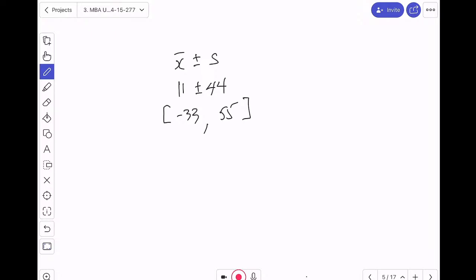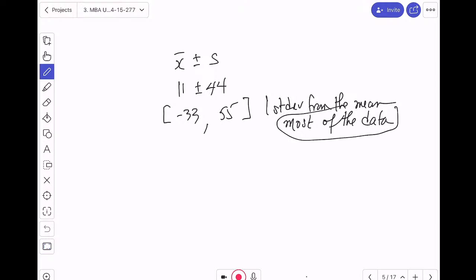Now this is 1 standard deviation from the mean. In principle, 1 standard deviation from the mean, this is how you use standard deviation, gives you like most of the data, the majority, within 1 standard deviation.